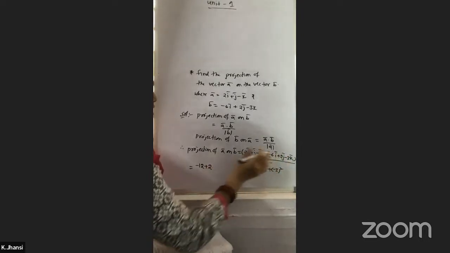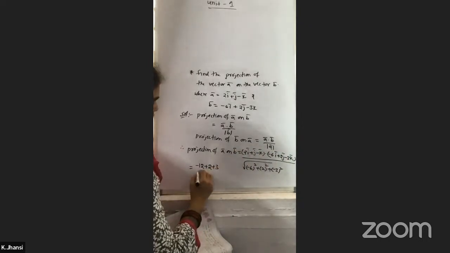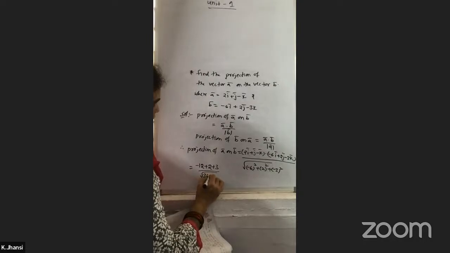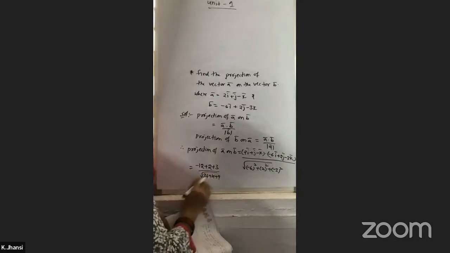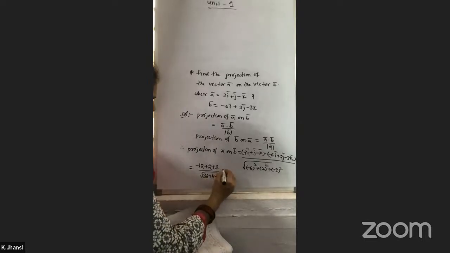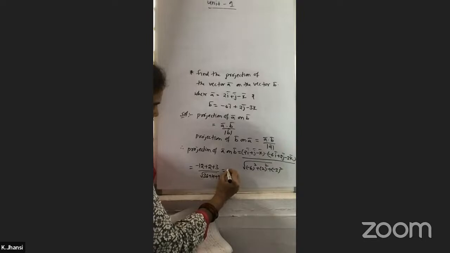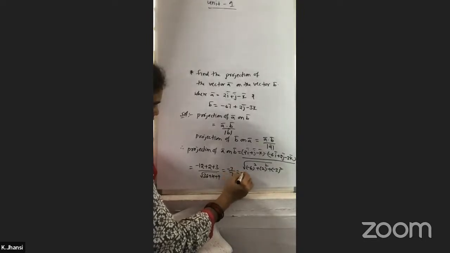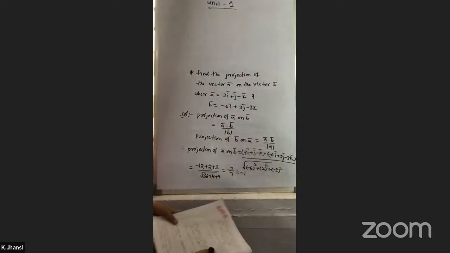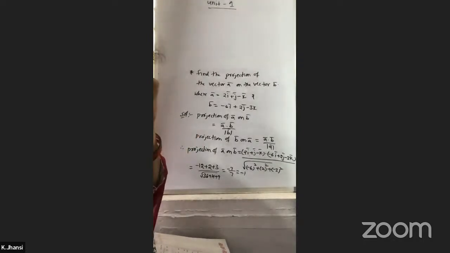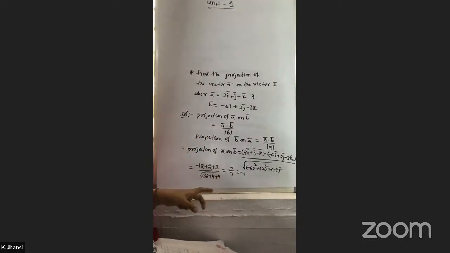Next, minus into minus means plus 3, by under root of 36 plus 4 plus 9. So 36 plus 4 means 40, plus 9 means 49, under root of 49 is 7. And 3 plus 2 is 5, and it is minus 12. 5 minus 12 means we get minus 7 by 7. So we get the projection of vector A on vector B is equals to minus 1.